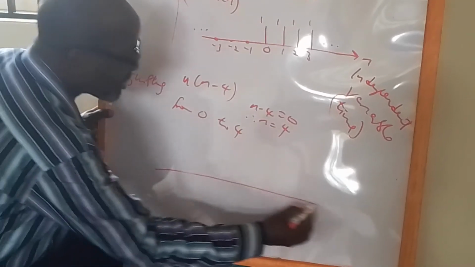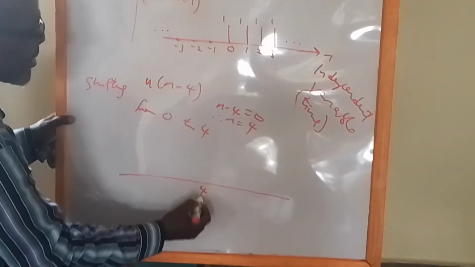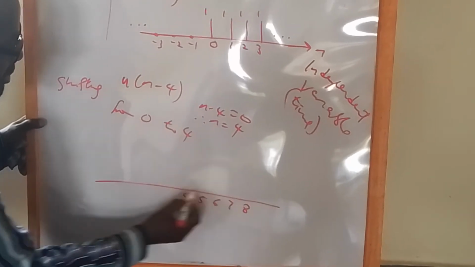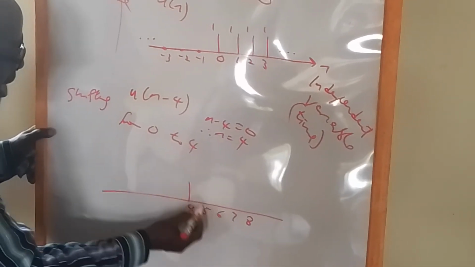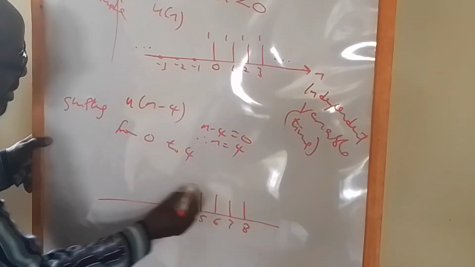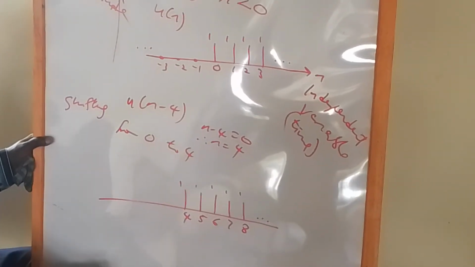Now, what does that mean? The sample at 0 before will now be at 4. This will be 5, 6, 7, 8, so this will be 1, 1, 1, 1, 1, 1. That trend continues like that.